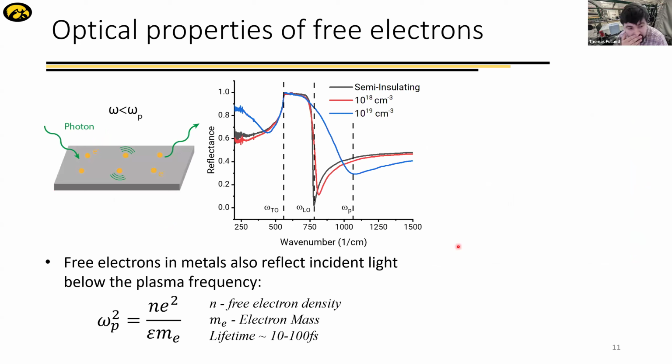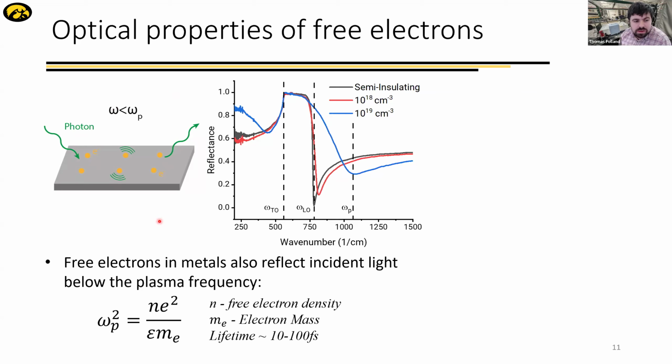Another property we can measure is the properties of electrons. With any metal, so anything with free electrons, there's a certain frequency below which your electrons can respond to the frequency of your incident light, and as a result, they'll strongly reflect light. This is how mirrors work.